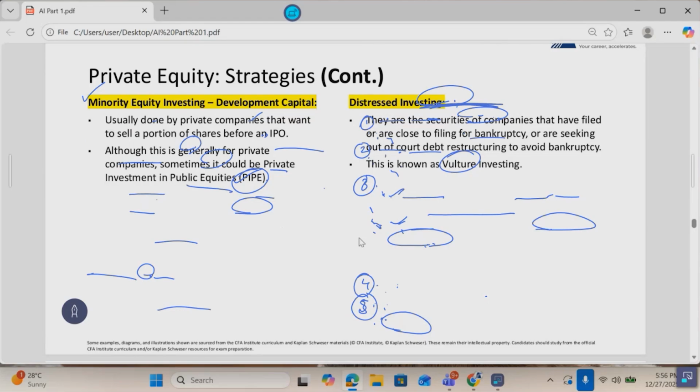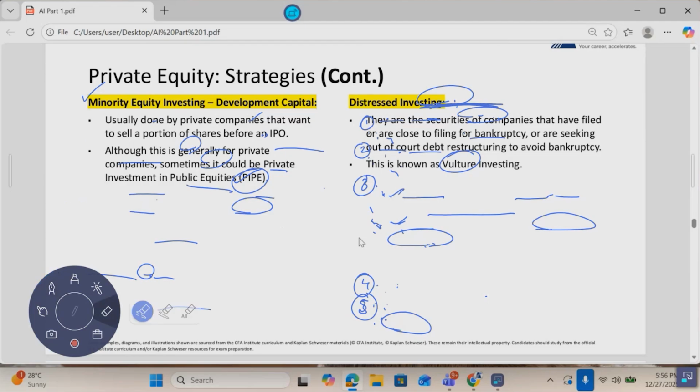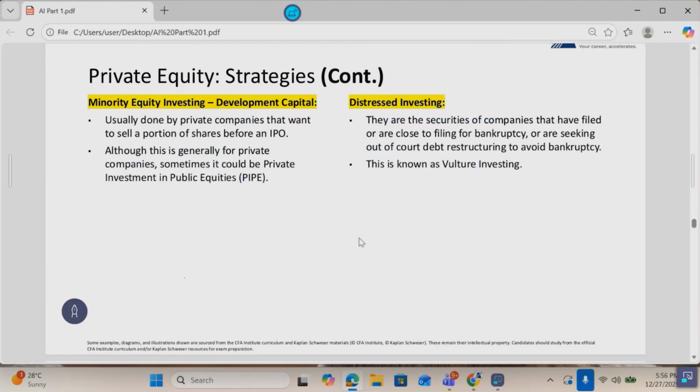You dive in, you buy the company out, and you try to revive the company. Correct? So that's called distressed investing, or vulture investment. Clear with that? One thing you should remember is the IBC or NCLT, where you go to NCLT and you buy the company out through the IBC forum or NCLT forum.